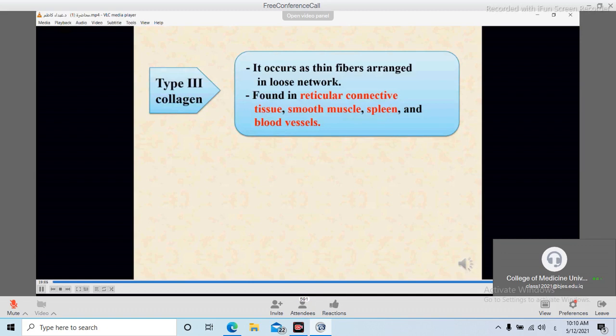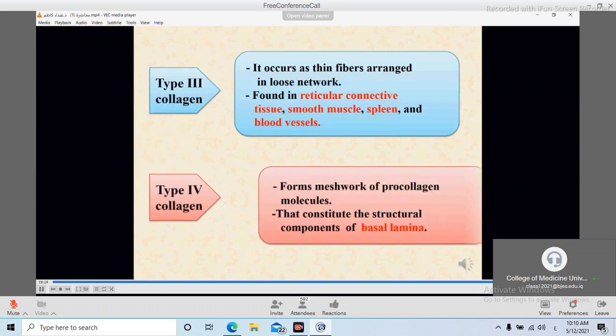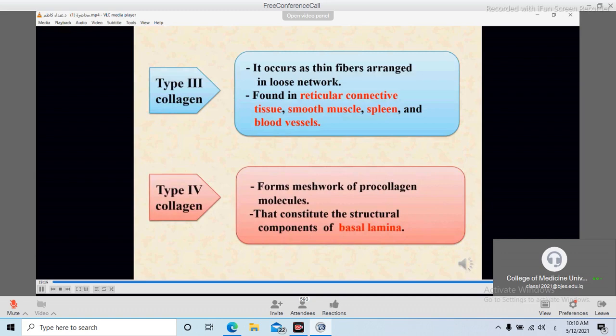This is found in reticular connective tissue, smooth muscle, spleen, and blood vessels. Collagen type 4 forms a meshwork of procollagen molecules that constitute the structural components of basal lamina.